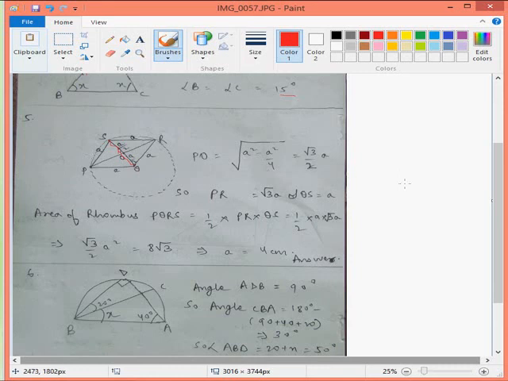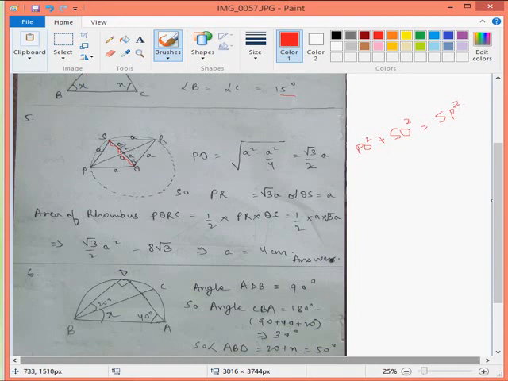You can also write it here as PO square plus SO square comes out as SP square.